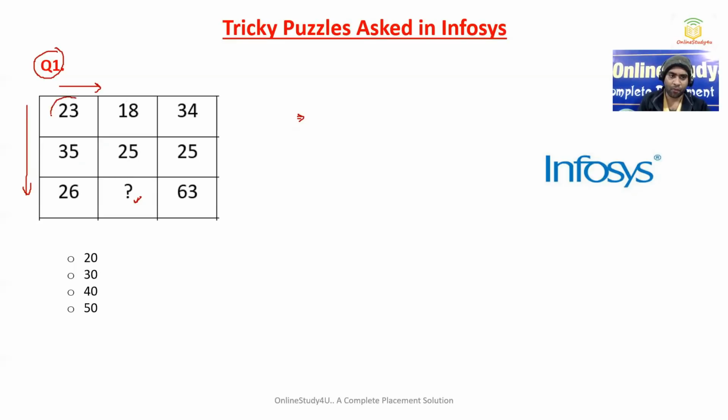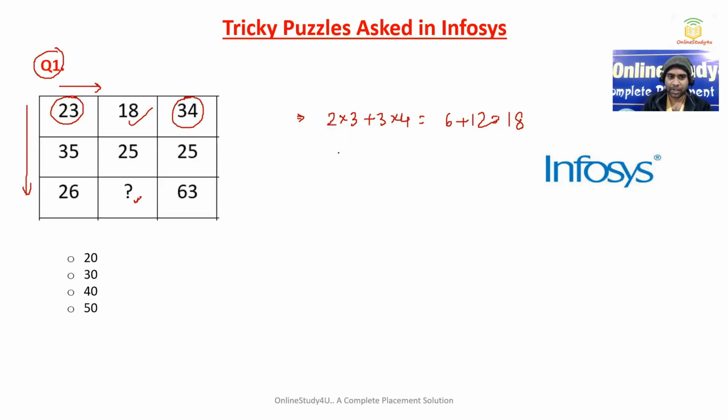Now here, what you have to do is take the first and the last: 2 into 3 plus 3 into 4. 2 into 3 is 6 and 3 into 4 is 12, so it will be nothing but 18, and that's how 18 is written here.